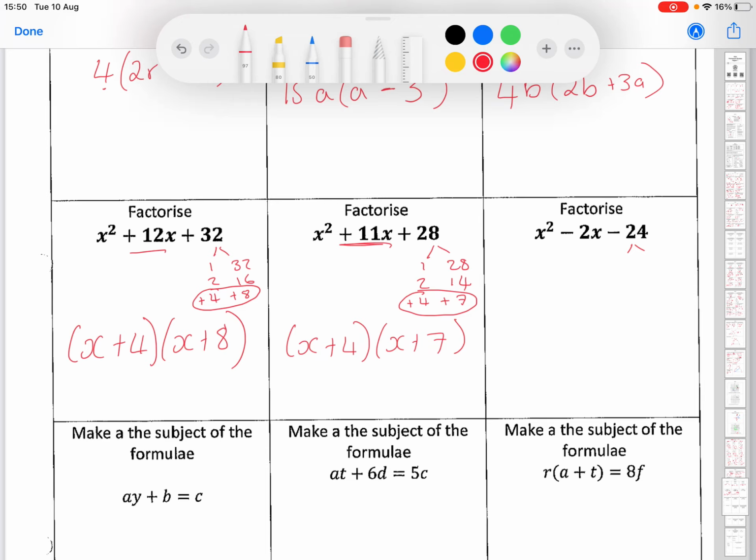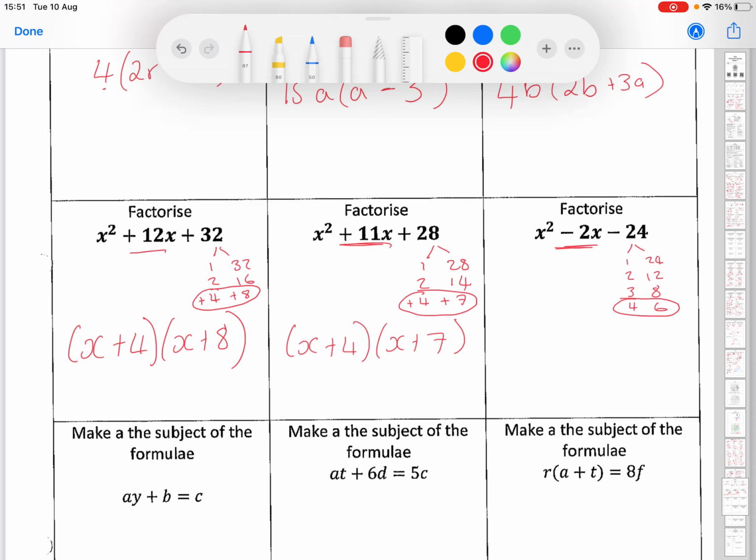Next one, they have 2 negatives there. So we've got something to make minus 24, and then you need to add up to make minus 2, sorry. So same thing, write down your factors of 24. So we've got 1 and 24, 2 and 12, 3 and 8, 4 and 6. So those are all your factors of 24. Which pair can make minus 2?